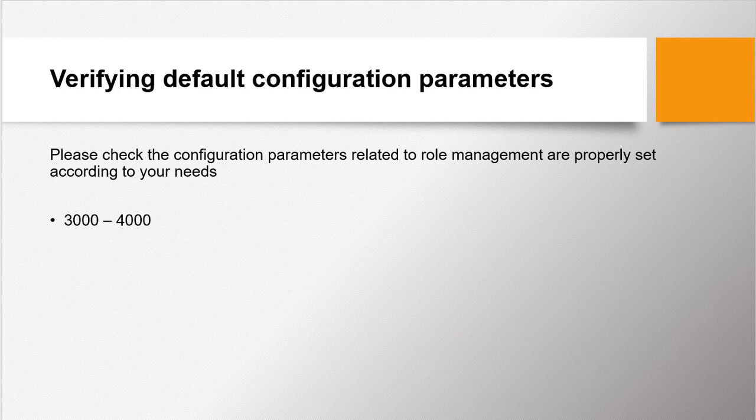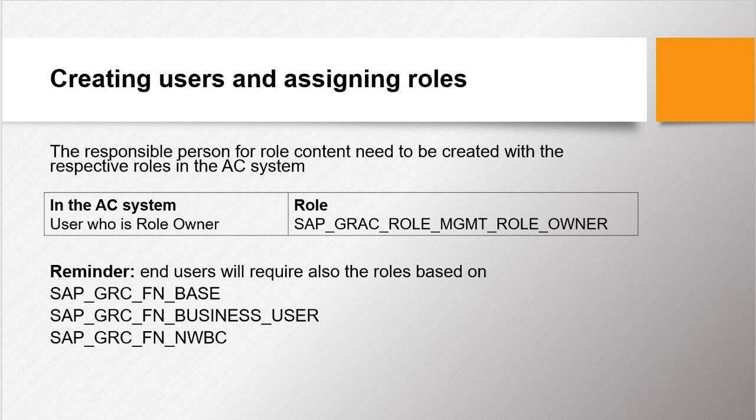Now let's see what else. Another step you need to do is create users. You need to designate who the role owners and approvers are going to be. Any role owner would need the SAP GRC role management role owner role.